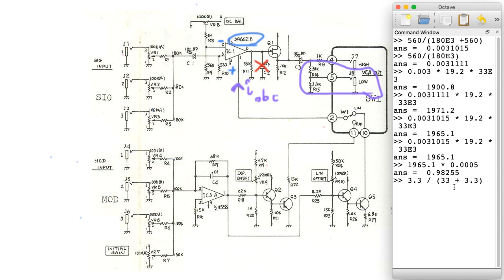Notice I'm not bothering to add E3 to everything since all of the Ks cancel. And so we get 0.090909. That's pretty close to 0.1. So if we make this R small plus R big equal to R big approximation, then we would wind up with 0.1. So the low output gives you around 10% of what the high output would be, if for some reason you wanted that.